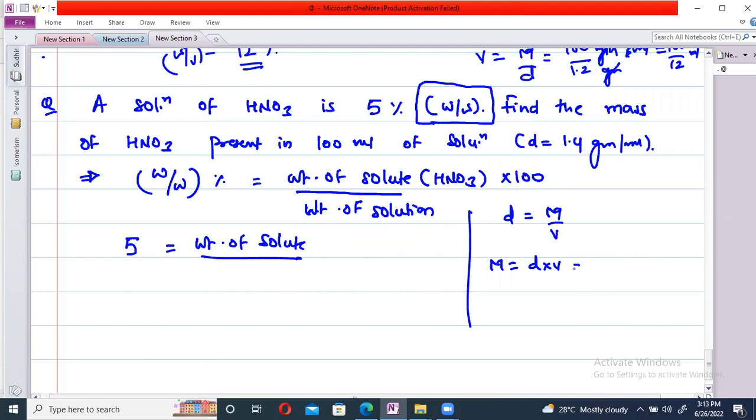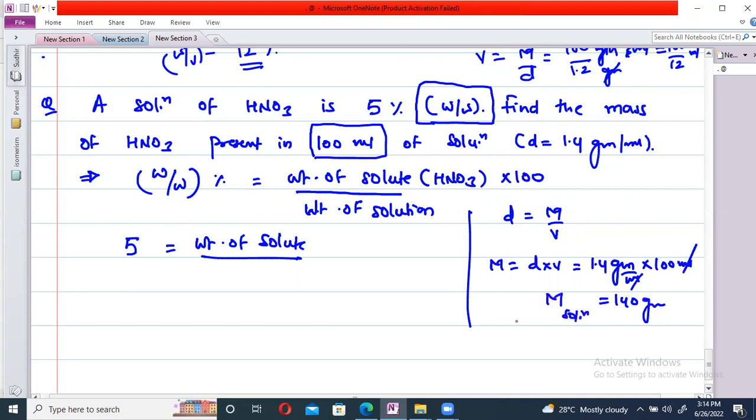What is the density we have? Density we have is 1.4 gram per ml into the volume of the solution. 100 ml is given here. That means ml gets cancelled. The mass of the solution I am getting is 140 gram.